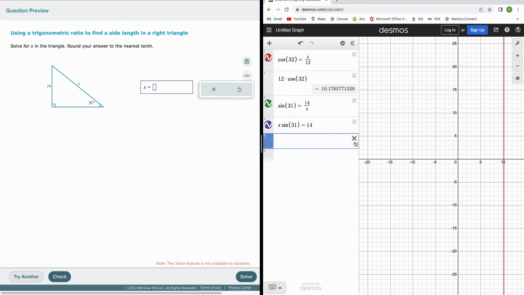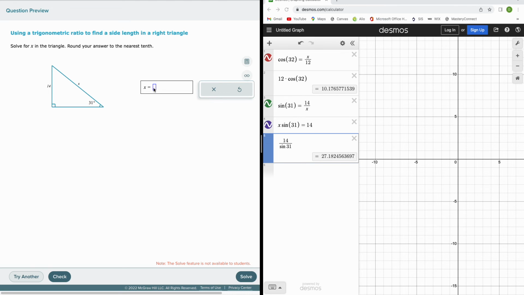Let's go over here. Let's divide x by sine 31, so 14 over sine 31, and this would be your answer. Okay, so 27 point, and it says to the nearest tenth, so 27.2.